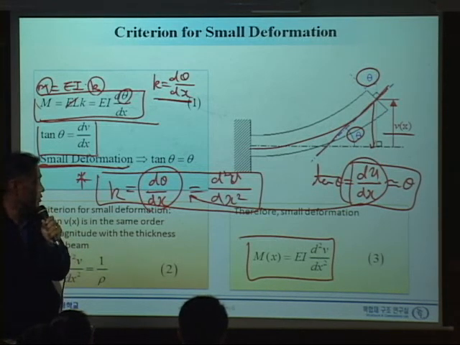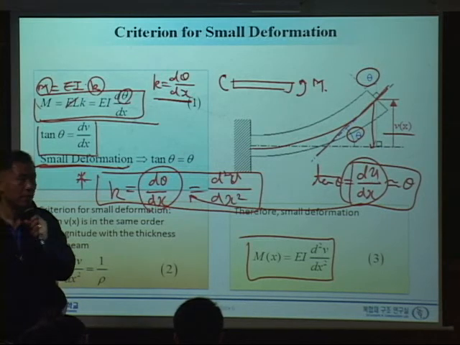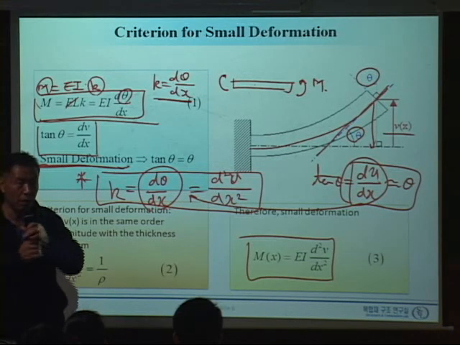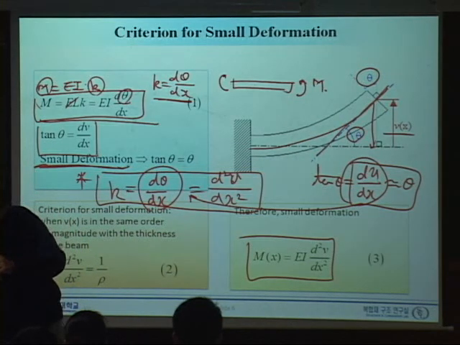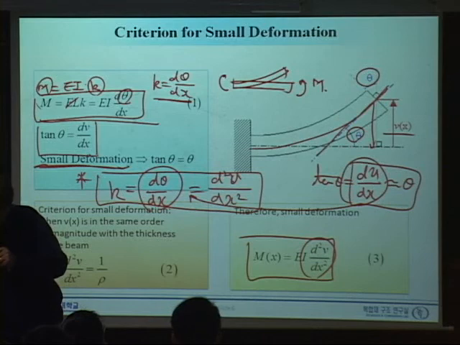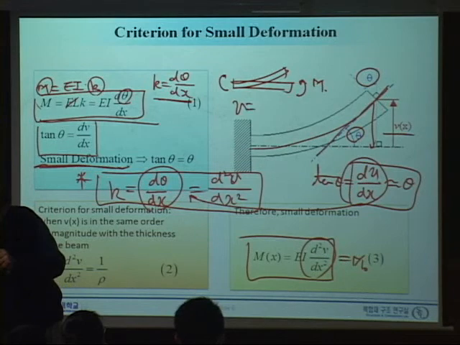Very important relation. In other words, if we have a beam subject to a constant moment, then surely this beam will curve, and from these equations, as you can see here, if the moment is constant, then v is simply a second order function, Ax squared plus Bx plus C, right?